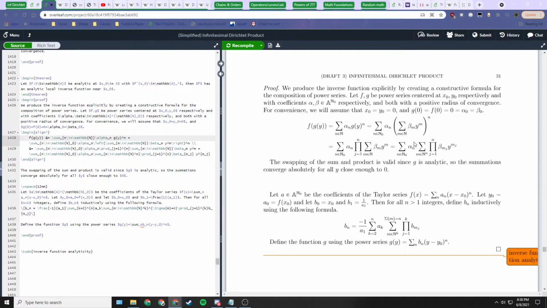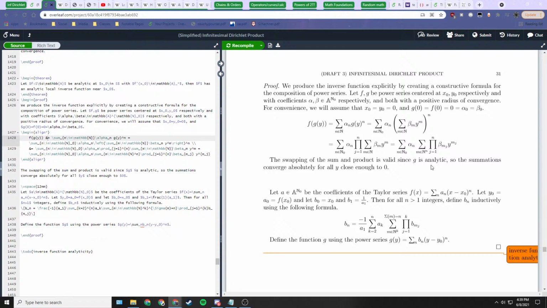So we just swap the sum and product around, these last two, just like we had done in our previous theorem about swapping sums and products.